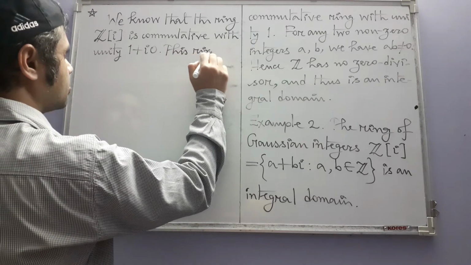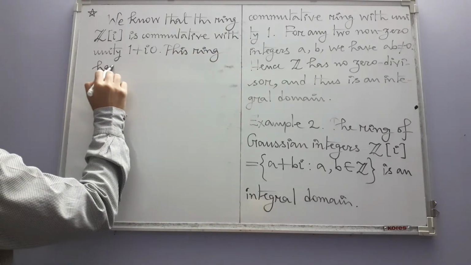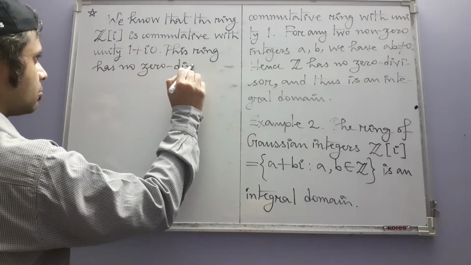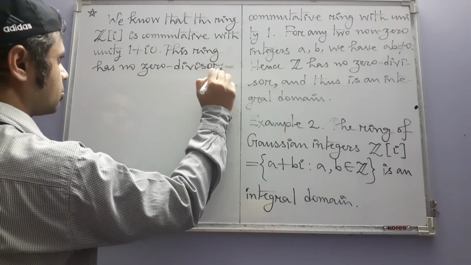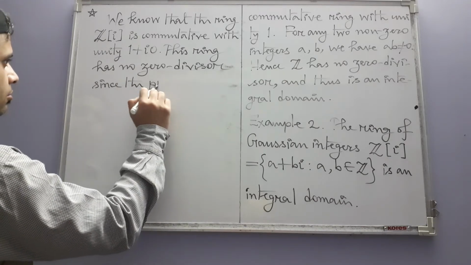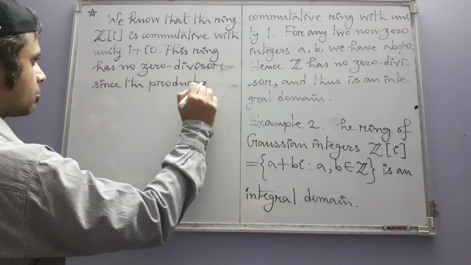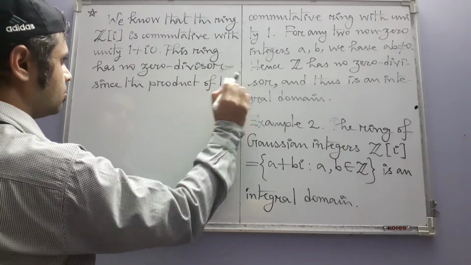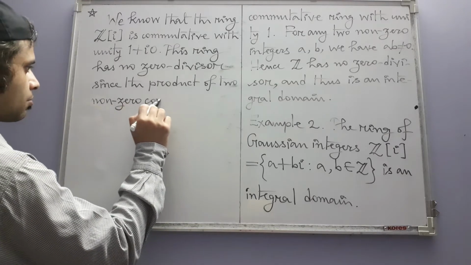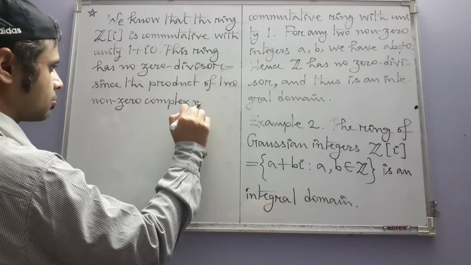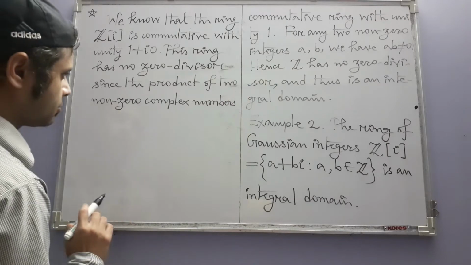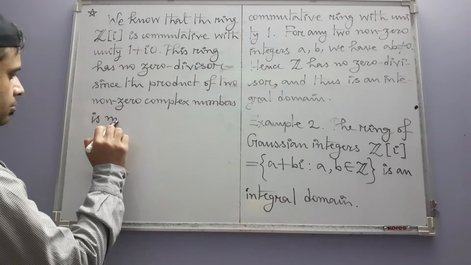This ring has no zero divisor since the product of two non-zero complex numbers, so it's exactly like the ring of integers one, is non-zero.